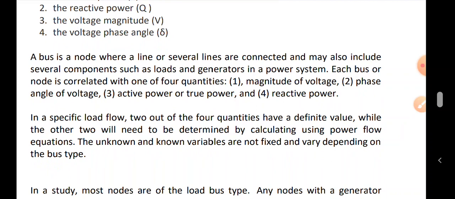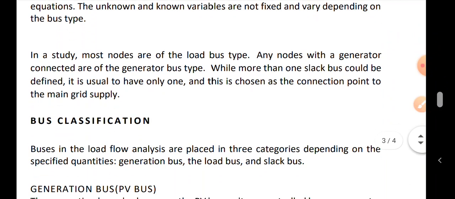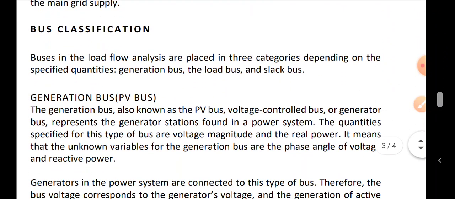It means buses can be classified on the basis of these four quantities, P, Q, delta and V. Now we will classify the buses here. Basically there are three types of buses.